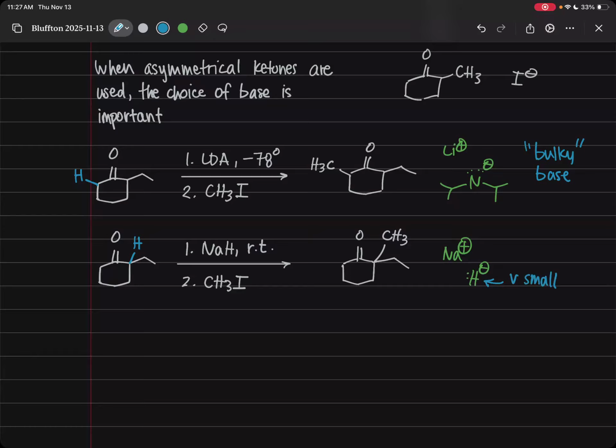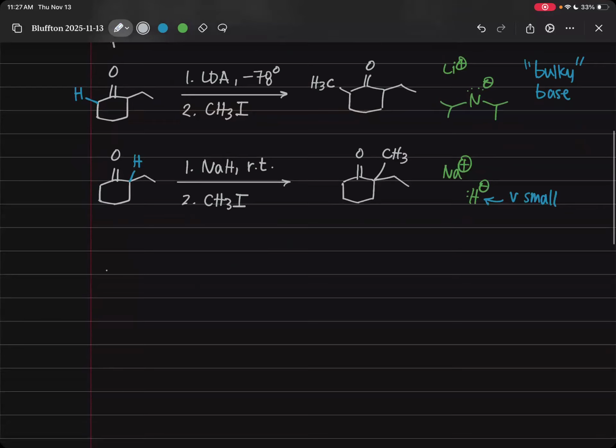In fact, it's the smallest base you could possibly have, just a hydrogen with some electrons. And so that means that LDA is going to deprotonate the less sterically hindered alpha hydrogen.